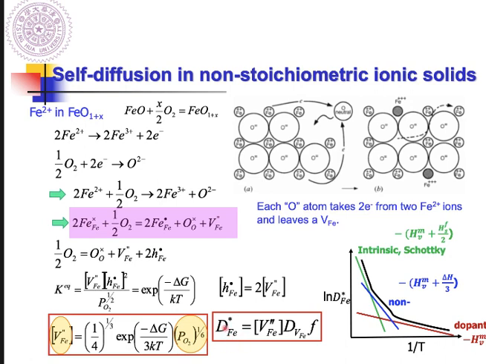Usually this links with the conductivity of these ionic materials. So lots of people use this type of material as a gas sensor, not only for oxygen, sometimes nitrogen sensors, and so on.